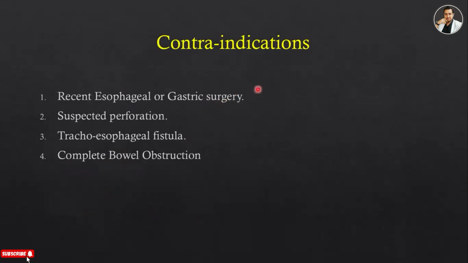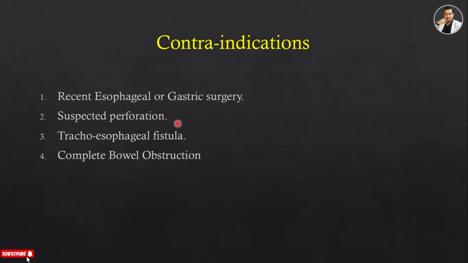And what are the contraindications? Contraindications means when not to perform this procedure. When the patient has recent esophageal or gastric surgery. So recent esophageal and gastric surgery is contraindicated for barium swallow, and then suspected perforation.